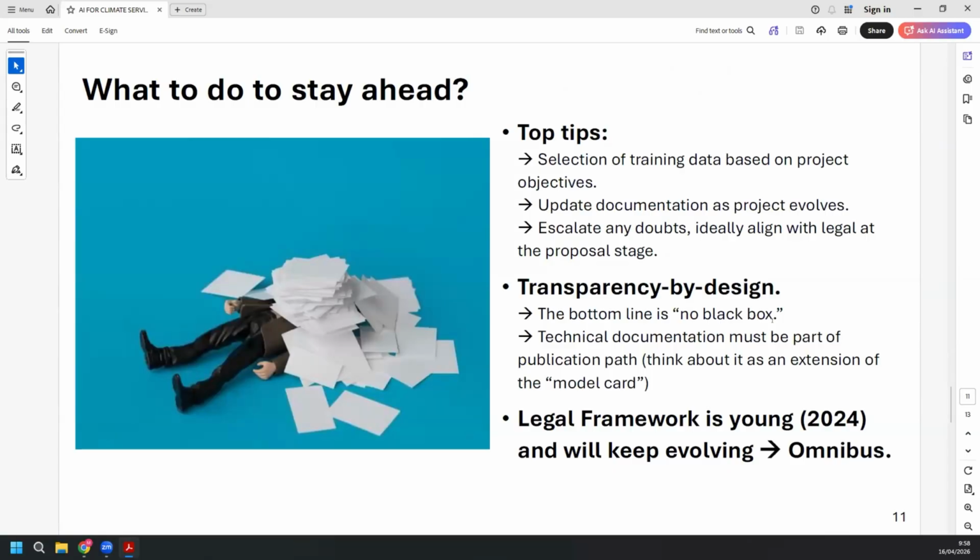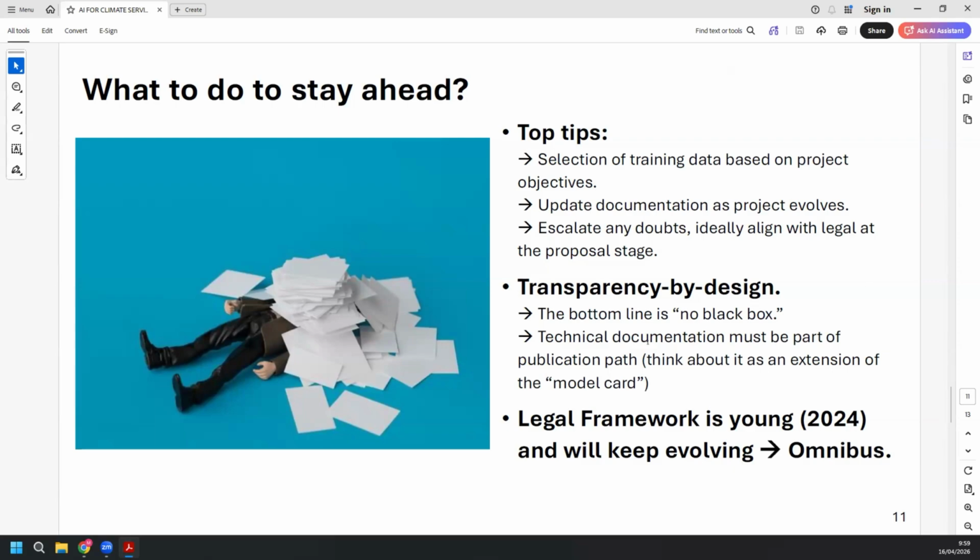Okay, and then to finish off, I just wanted to state, what can we do to stay ahead? I think the bottom line is to think about no black boxes. The AI has to be explainable. You have to be transparent on which data it was trained and how it's making certain decisions, because the user has to know.